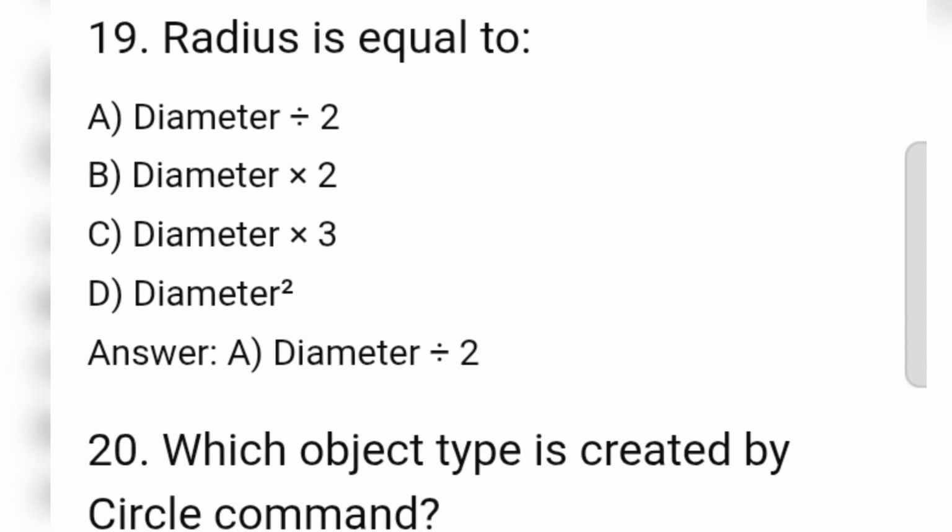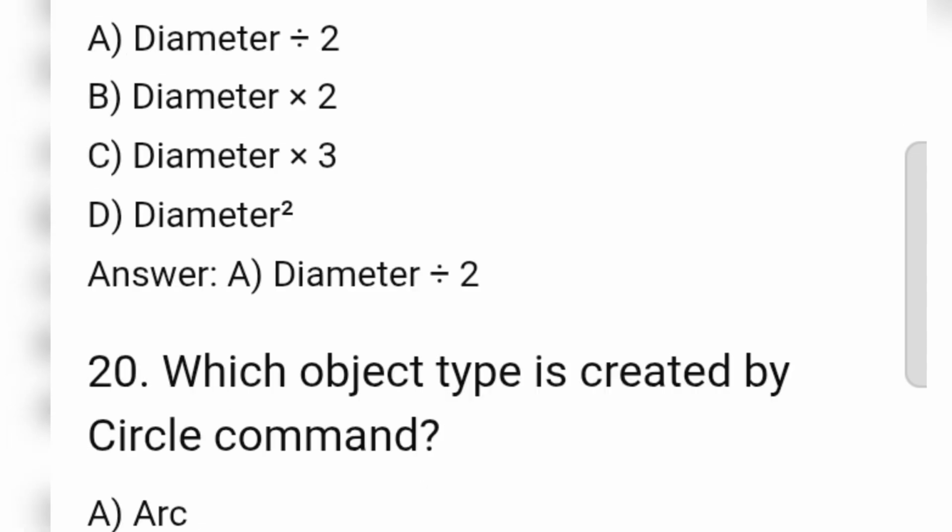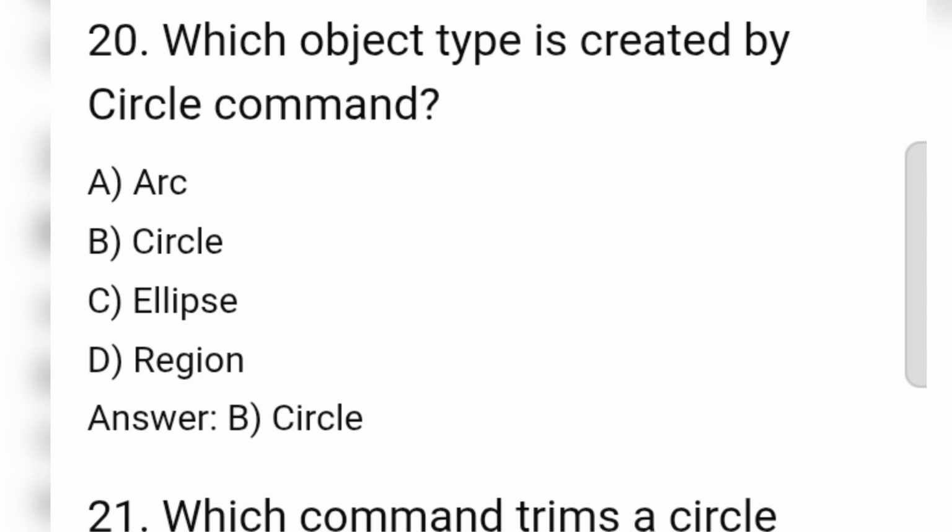Question number 19. Radius is equal to A. Diameter divided by 2, B. Diameter into 2, C. Diameter into 3, option D. Diameter square. Answer is A, diameter divided by 2.